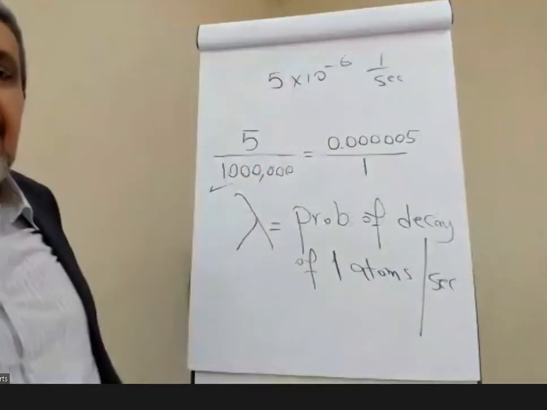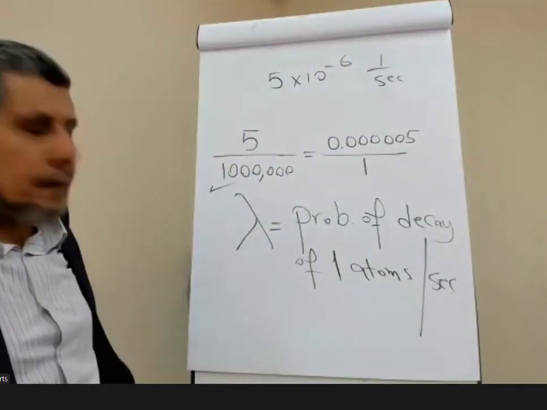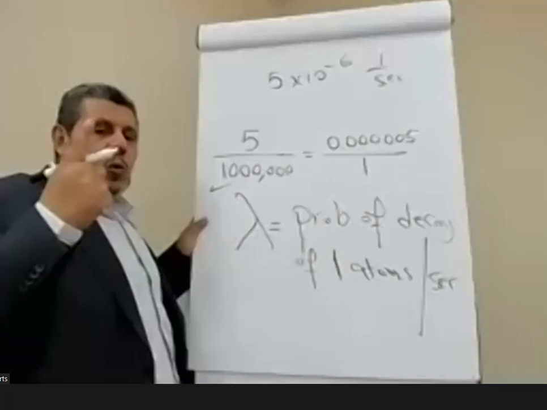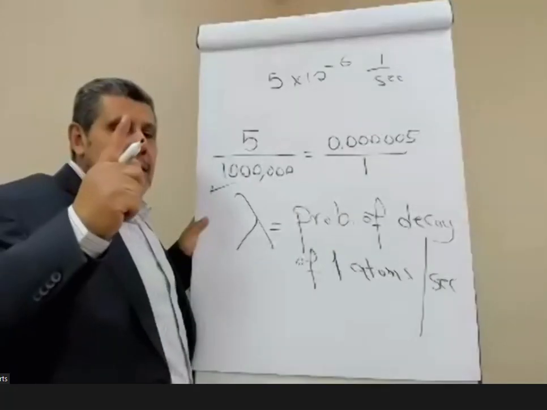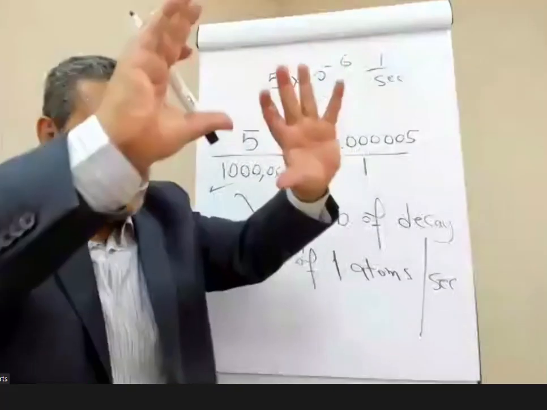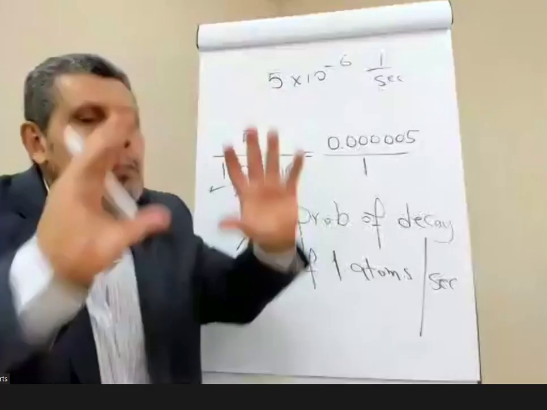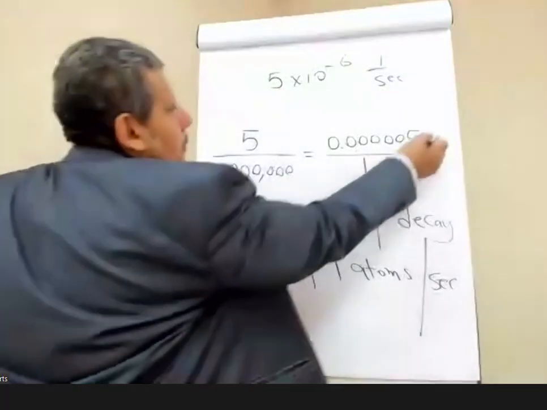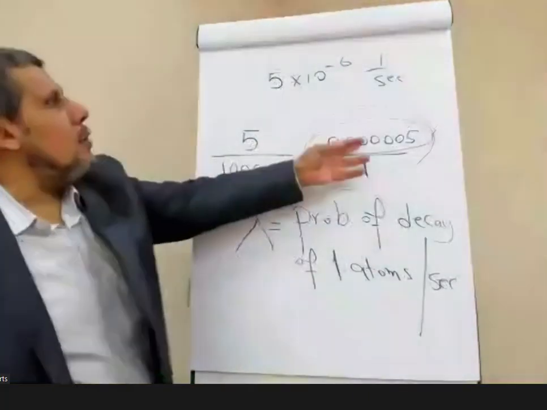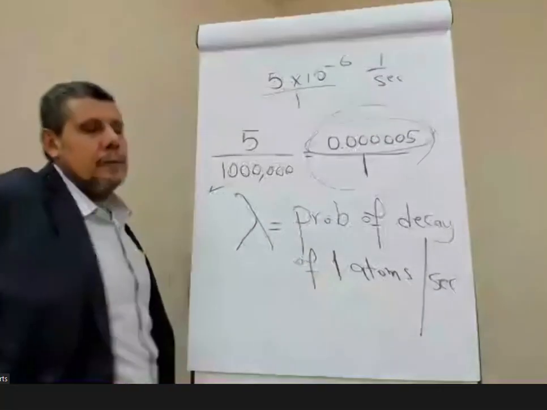So in the exam they give you this definition: lambda, the decay constant, is the probability that one atom or one nucleus decays in 1 second. As I try to pass the ball, I succeed 20 times from 100. If I try 1, this is my probability, the same thing. This is the decay constant I give to you, because this is over 1.